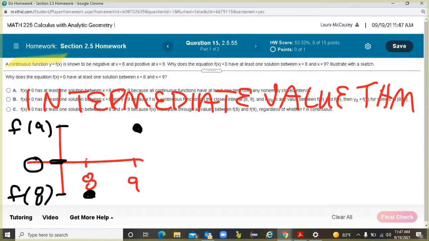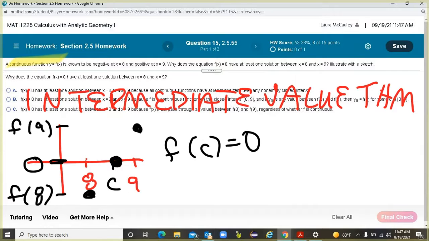If you pick any value between there, then somewhere on the x-axis between the 8 and 9, there's some value c where f of c is equal to that value you picked. So somewhere between 8 and 9 is a place that gets me the 0 I picked.